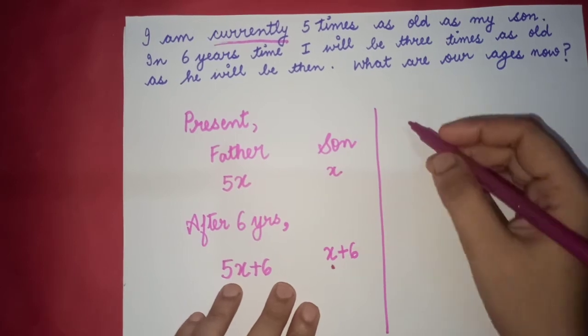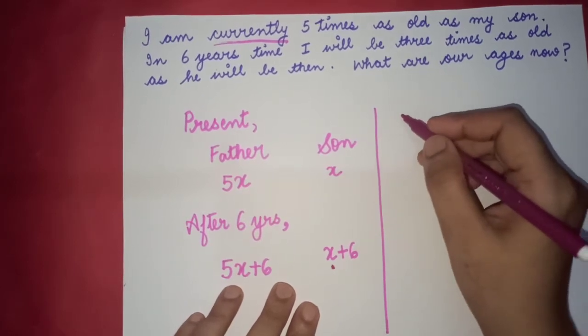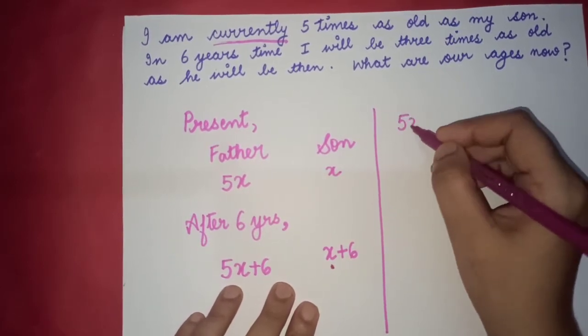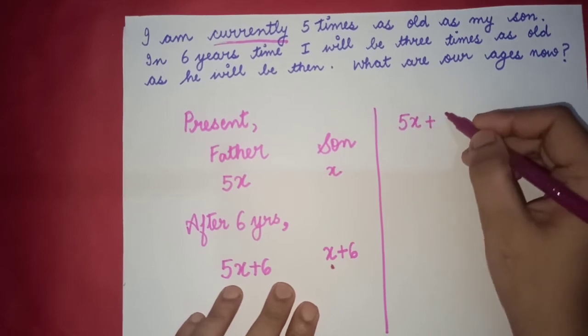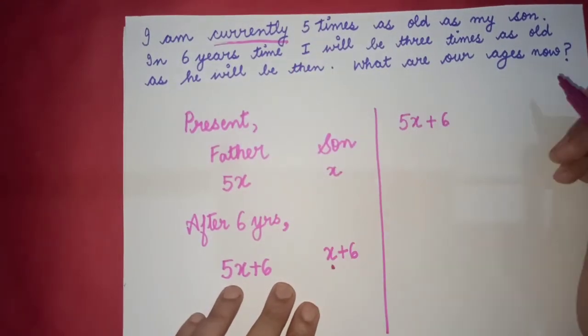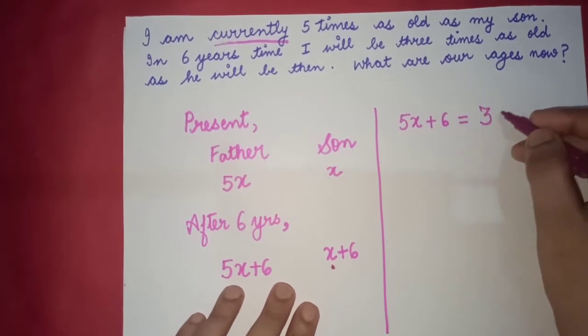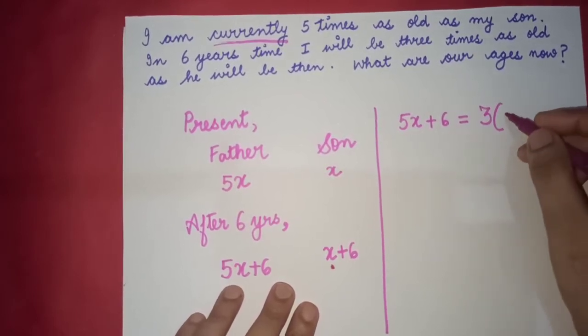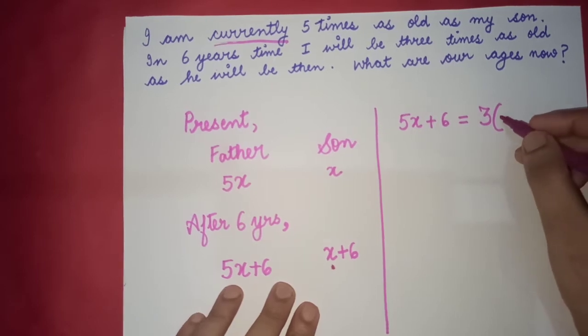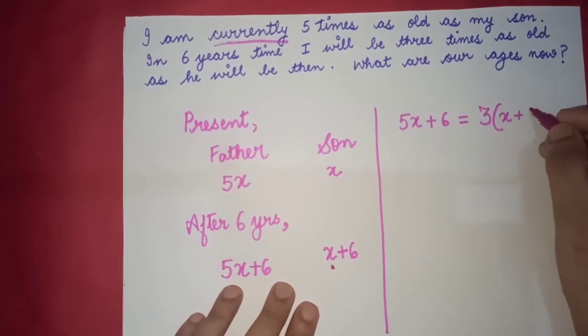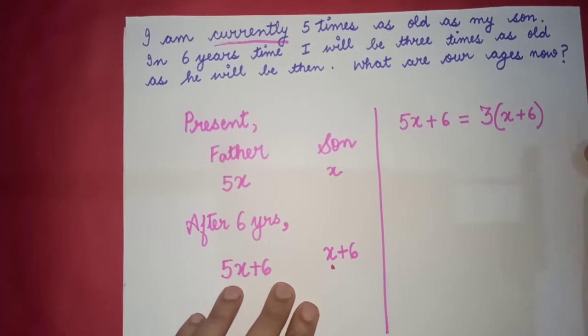Let's try to make an equation. The father's age is saying I will be 3 times as old as he will be then, so he is x plus 6. So this becomes our equation: 5x plus 6 equals 3 times x plus 6.